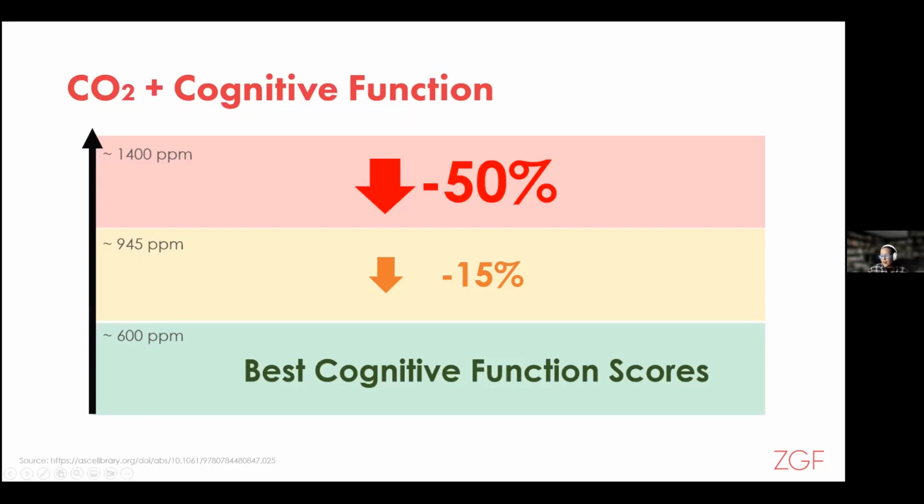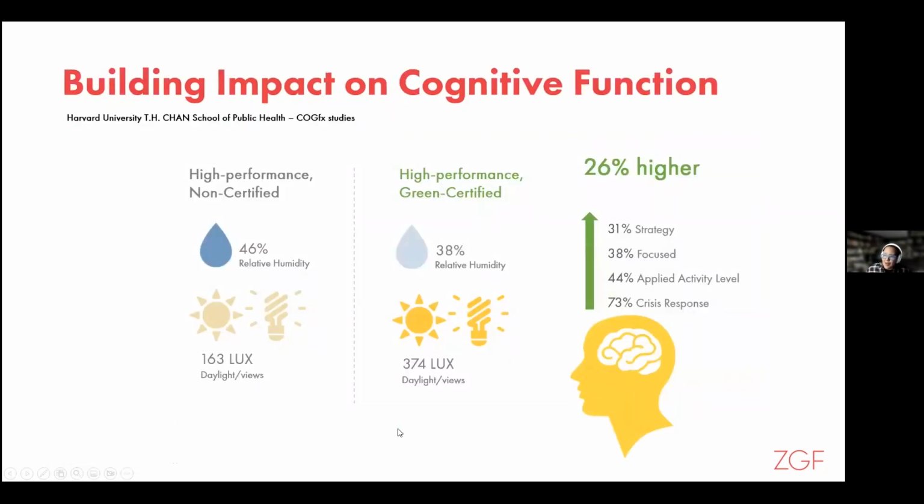The Harvard T.H. Chan School of Public Health and their Healthy Buildings program did the COGfx studies, where they made this connection between understanding the CO2 levels and, in general, how green certified buildings and, most importantly, buildings that have high ventilation rates were impacting people's experience in the building.